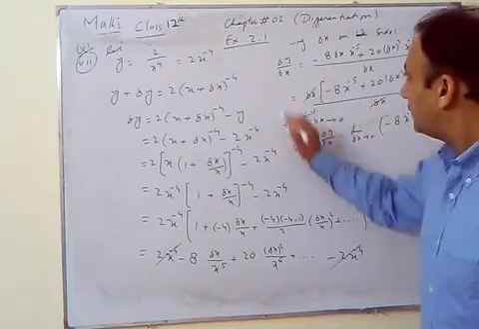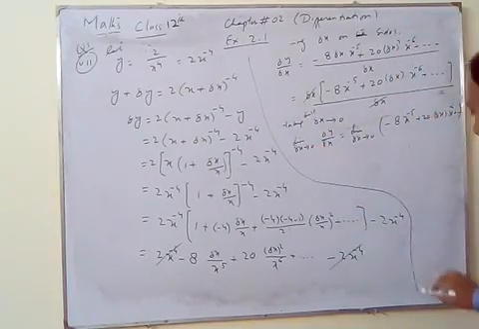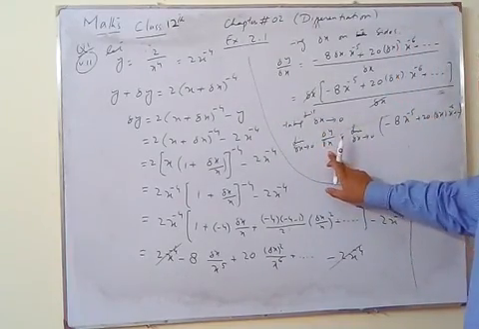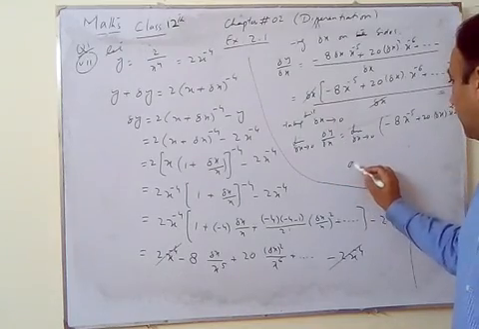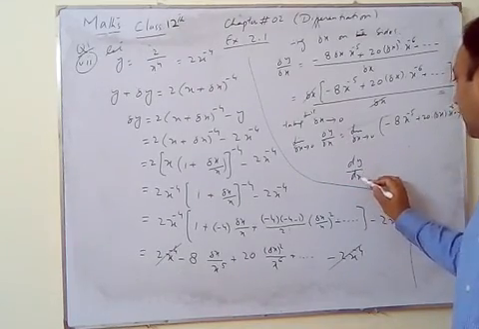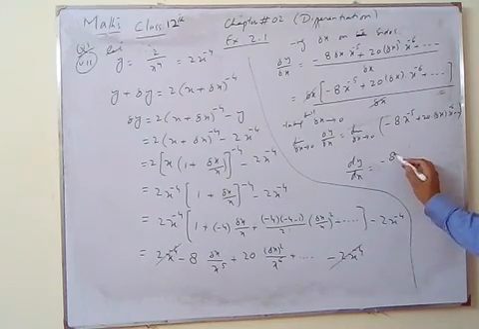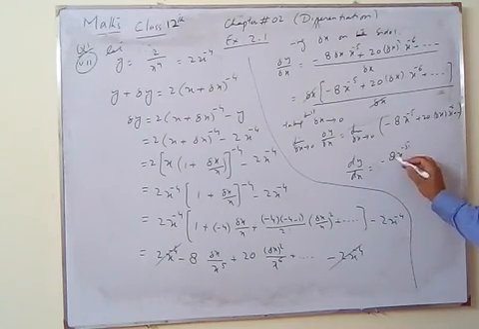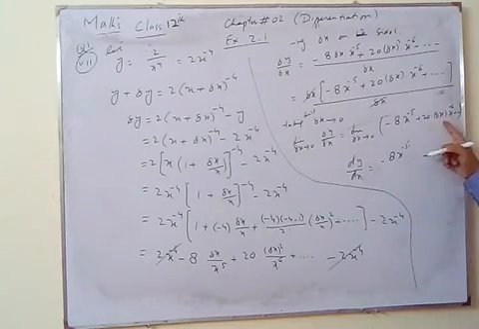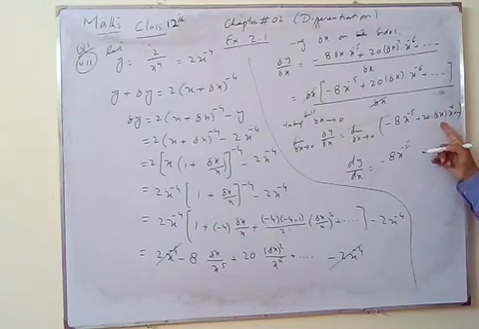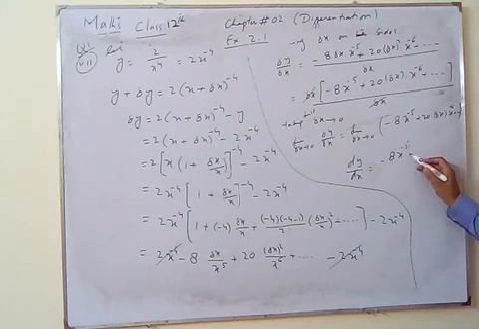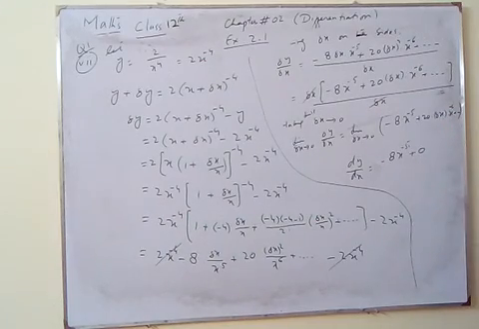So when we use limit here, we get dy by dx, and on this there is no delta. So remaining all the terms, delta x is involved, so all these terms become 0.